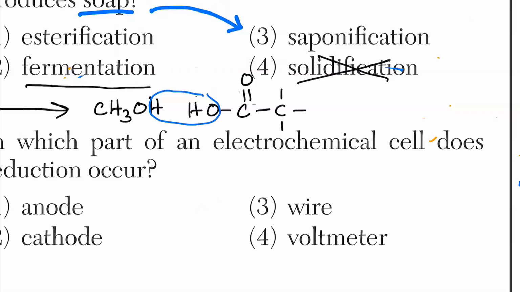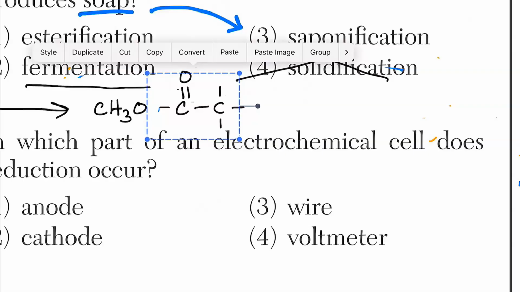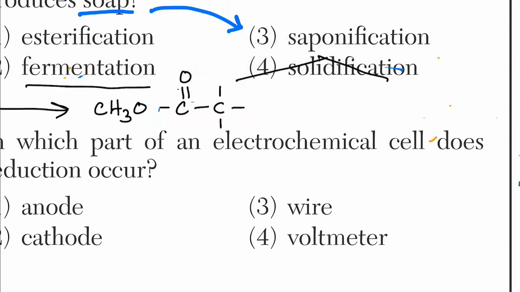Water is always a product, so let's get rid of that, and then a bond is made. Oh, cool, I can pull these together. And so there's my ester linkage, and my ester is right here. That's the ester functional group.